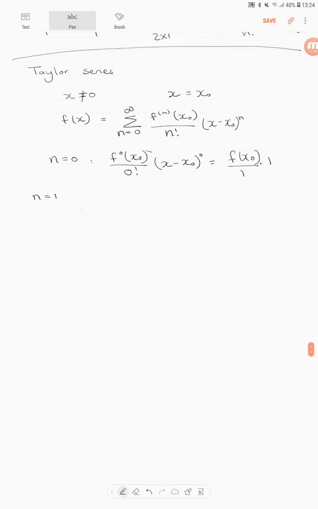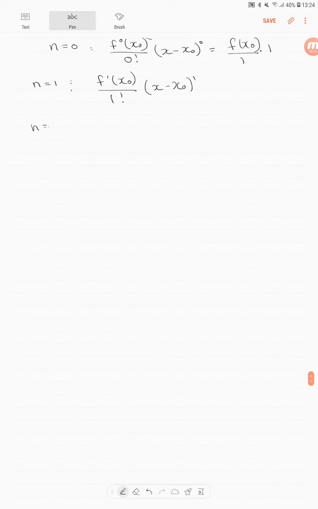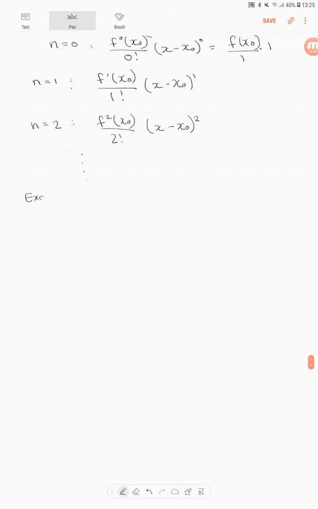If n is equal to 1, we have f prime of x0 over 1 factorial times (x minus x0). If n is equal to 2, we have f double prime of x0 over 2 factorial (x minus x0) squared, and so on.